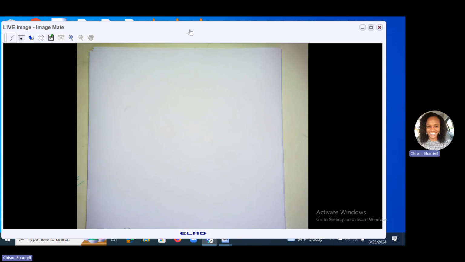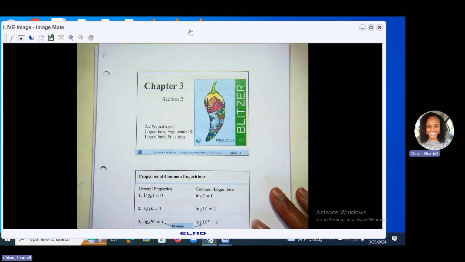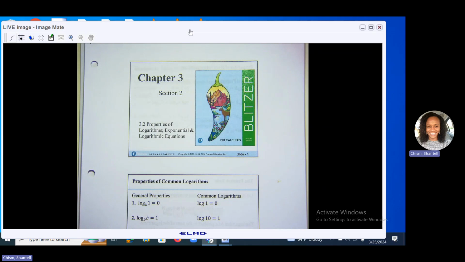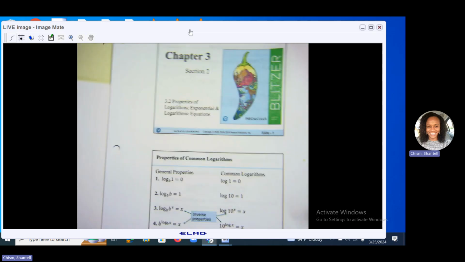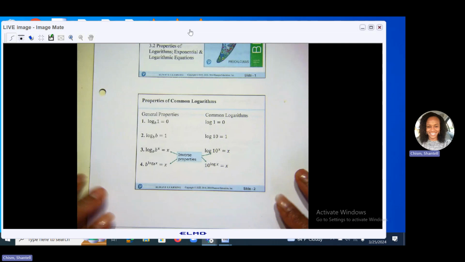And as I stated, we are looking at 3.2, the second section of 3.2 today. So we'll be exploring more properties of logarithms and exponential functions, and we'll look at logarithmic equations, things of that nature. So let me begin here with a few common log properties.